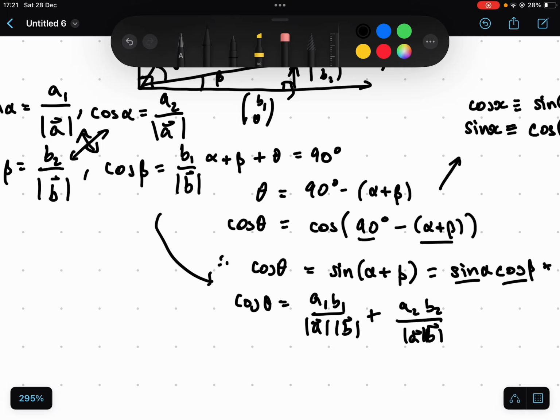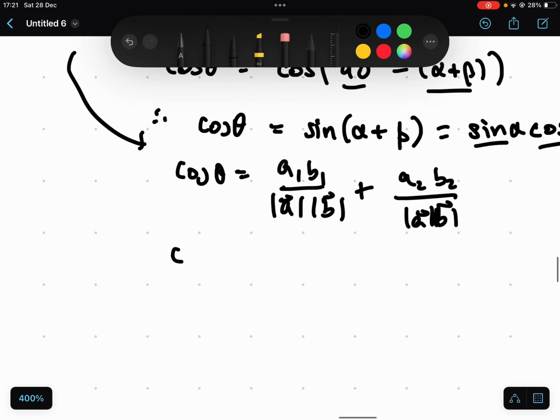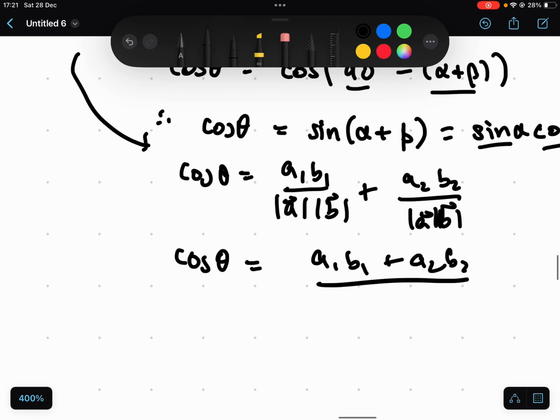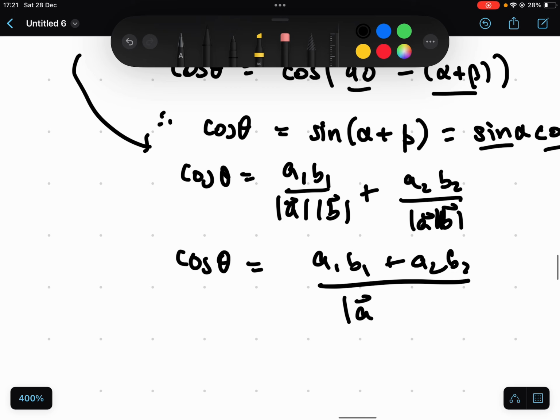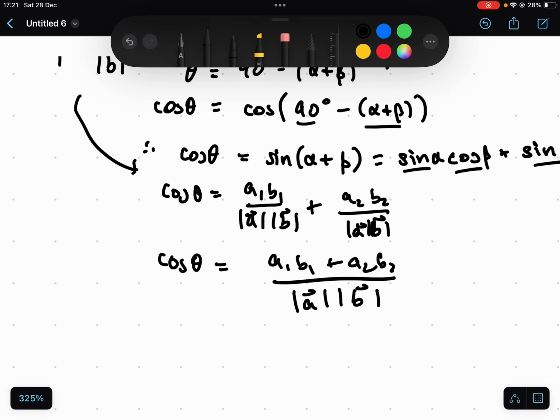Then we get cosine of theta is equal to A1 B1 plus A2 B2 divided by the two moduli times together.